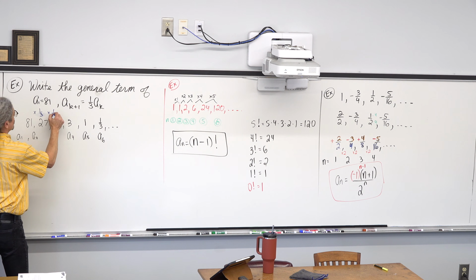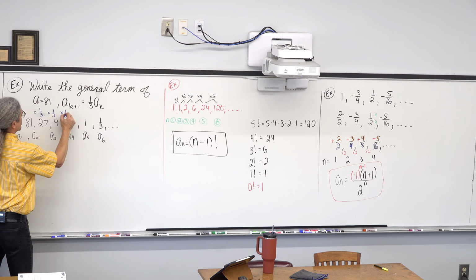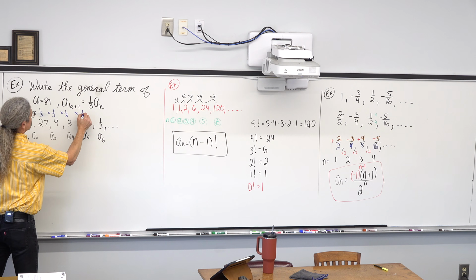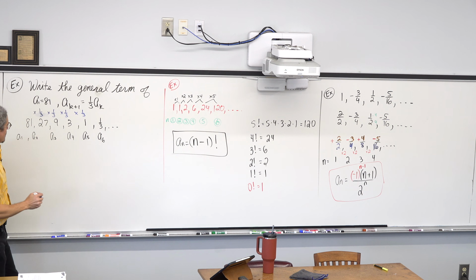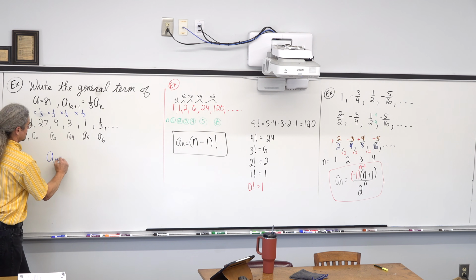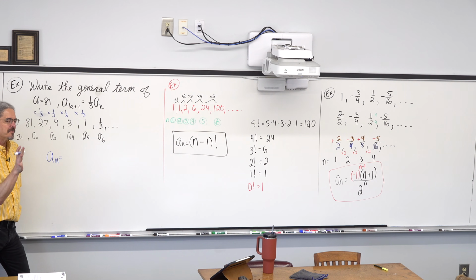We multiplied by 1/3. We multiplied by 1/3, and so on, and so on. A sub n, you can lean on that idea of the recursiveness. Your general term will start with the first number, 81.